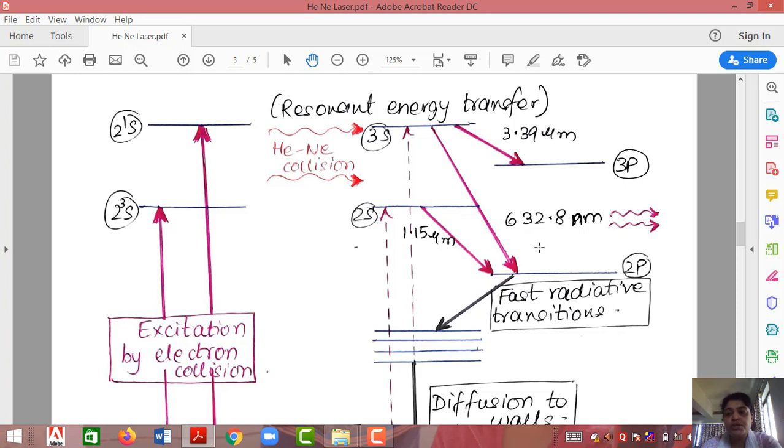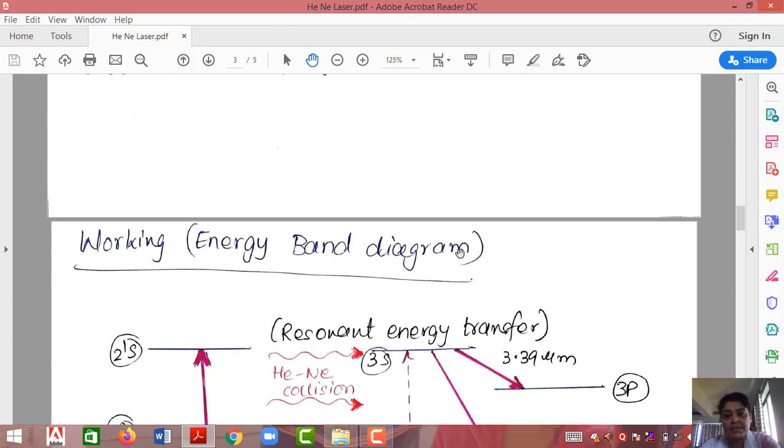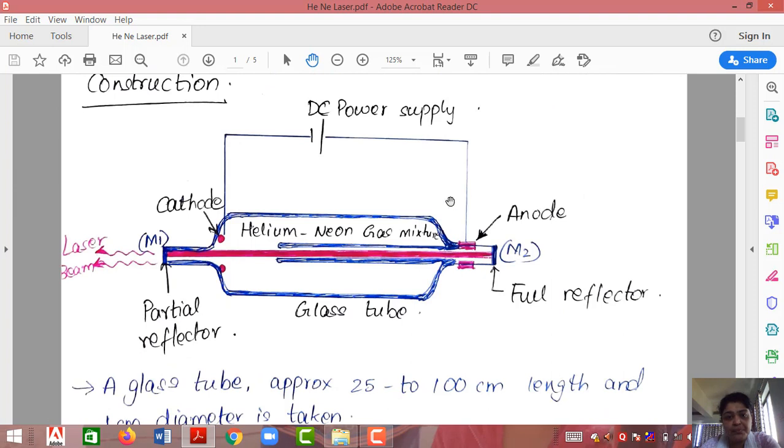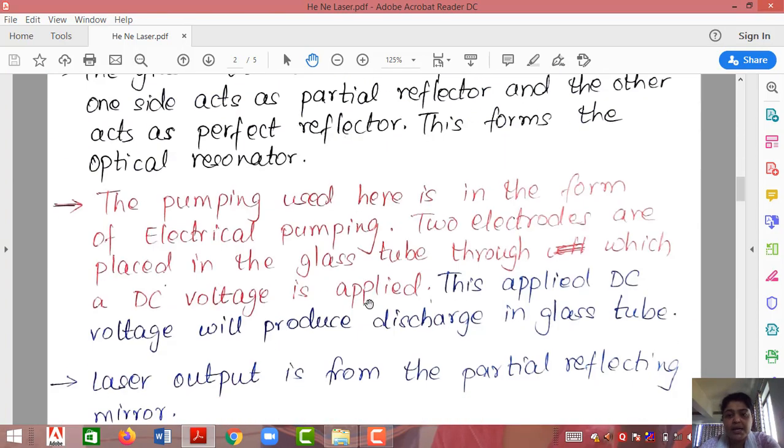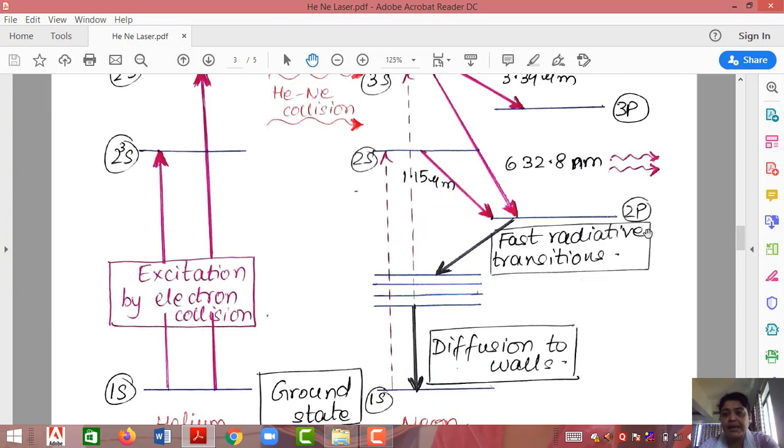Similarly, some portion is also reflected back by the partial reflector, and they will excite more neon atoms. So these stimulated photons will keep on moving between the gas tube, strike back and excite more neon atoms. Some of them will strike back, some of them will move out. And as a result, we will get a stimulated emission of laser, of photons.